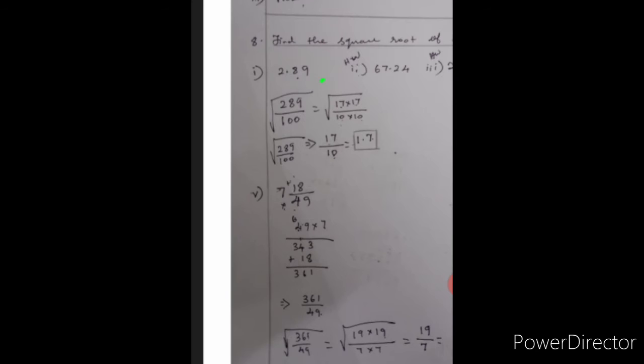So the square root of 289 by 100 is equal to, 289 is 17 into 17 and 100 is 10 into 10. So you know very well square root means out of two numbers, one number you have to take. 17 by 10. As the number is divided by 10, your answer is 1.7.